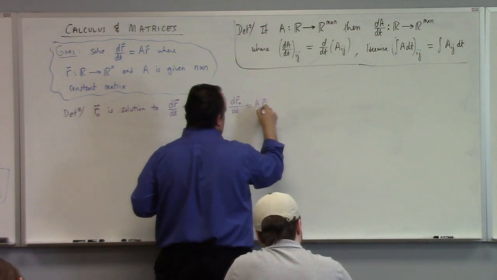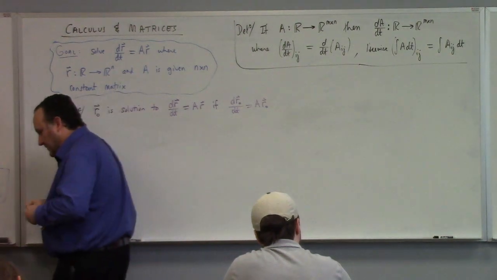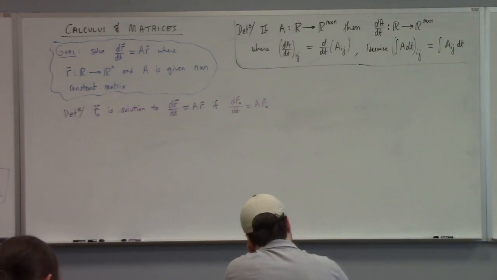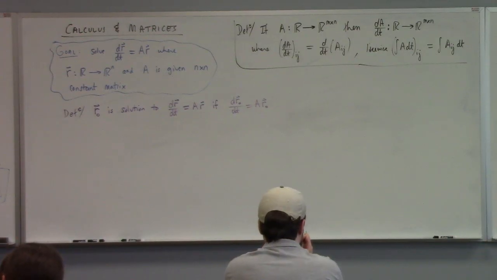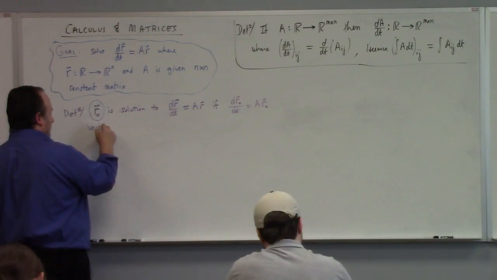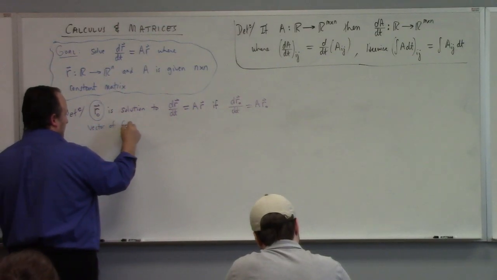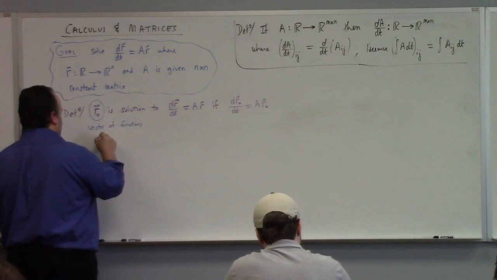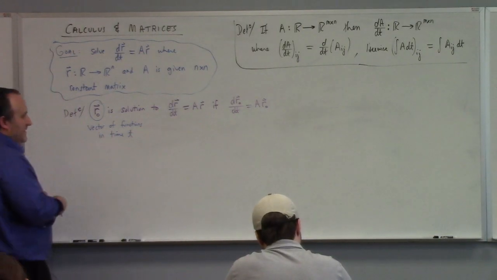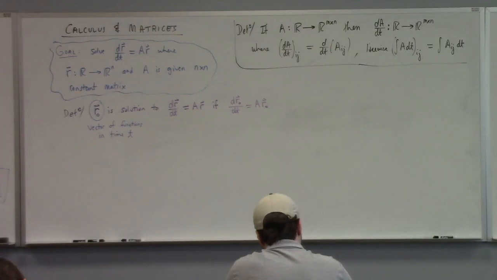In other words, a solution to a differential equation is a vector valued function that, when you plug it in, it works, right? So here, this is a vector of functions in time t, let's say. I mean, t doesn't have to mean time, but I by default think of it as time.